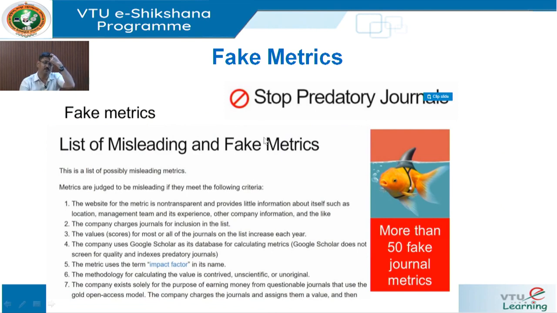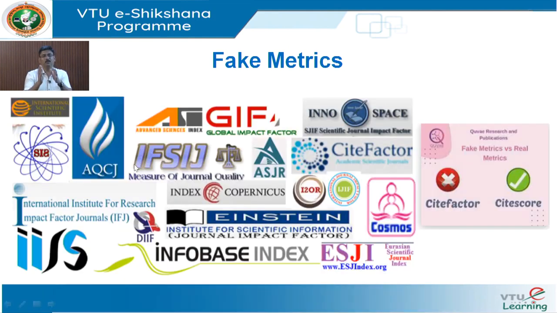And also you should be careful about various fake metrics. Especially predatory publishers come out with various types of metrics, and they almost camouflage the original metrics. For example, instead of JIF, Journal Impact Factor, they have GIF, Global Impact Factor. If you look at CiteScore, they have replicated the exact logo and exact color combination of font color.